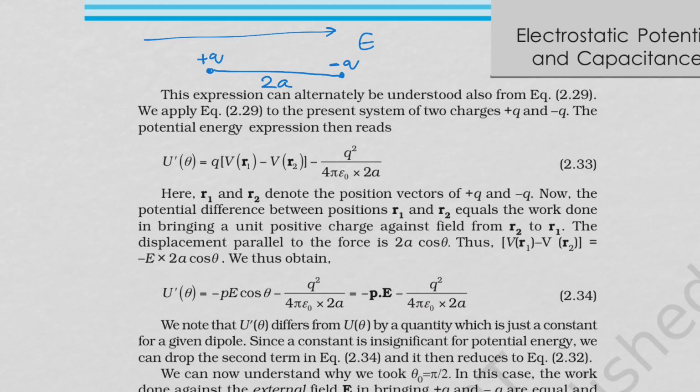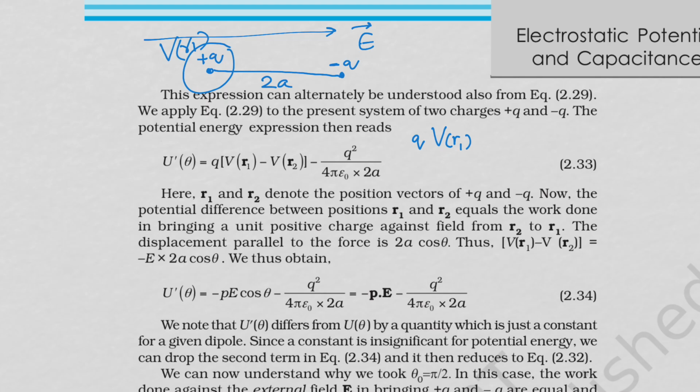Now the potential energy of the positive charge in the presence of electric field E, where the potential is V at R1, is simply Q charge multiplied by the potential at R1.